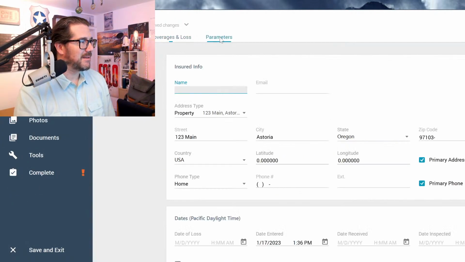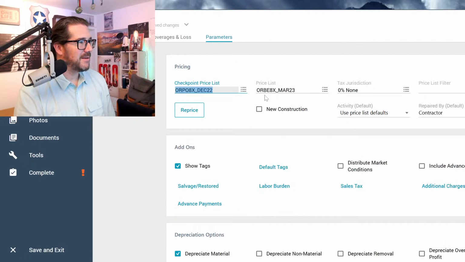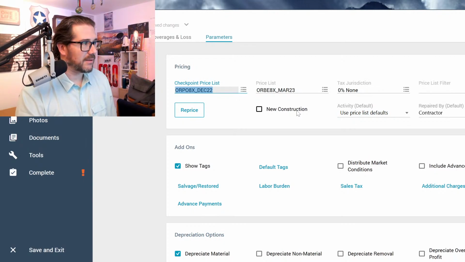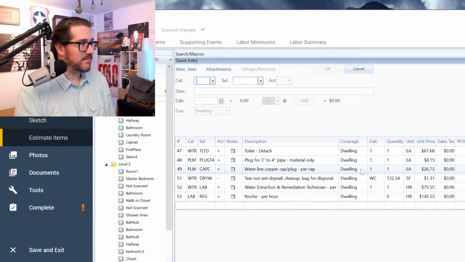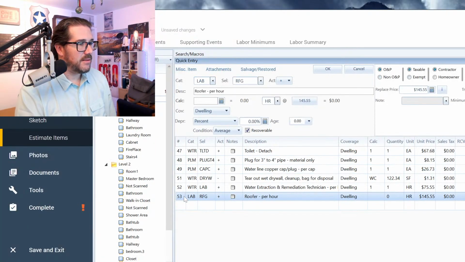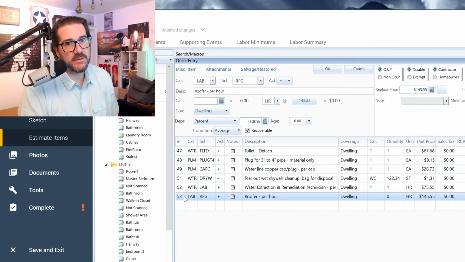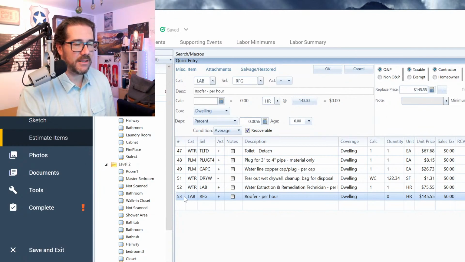I didn't even think about that before I started this whole thing. Oregon Bend 8X March 20. Nope, that is the off-the-shelf price list for Bend, Oregon. So what you just saw, there's a 300% markup on roofing labor, 113% markup on mitigation labor.